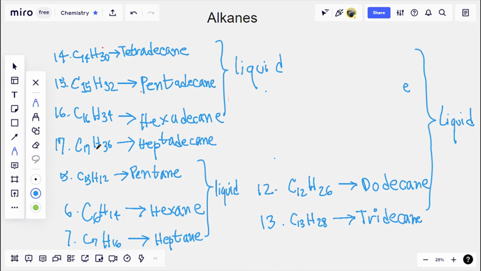And we have entered the solid state of alkanes from 17th to n number of carbons. So this heptadecane is solid. This is how we name alkanes. The suffix of alkanes will be "ane". Every suffix of alkane is "ane". So you should keep in mind that.